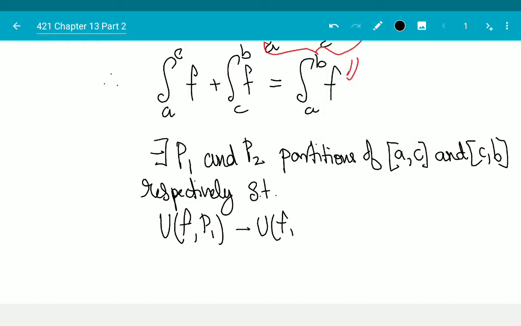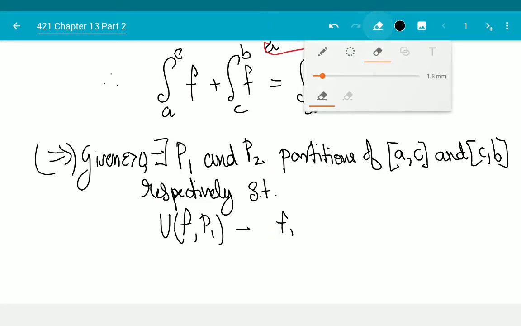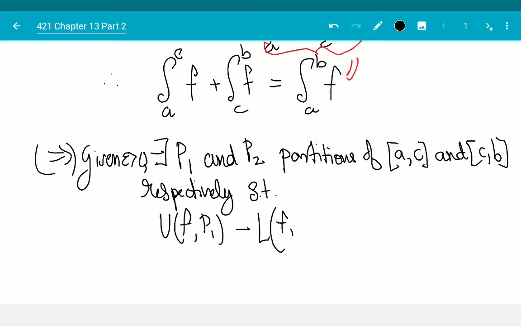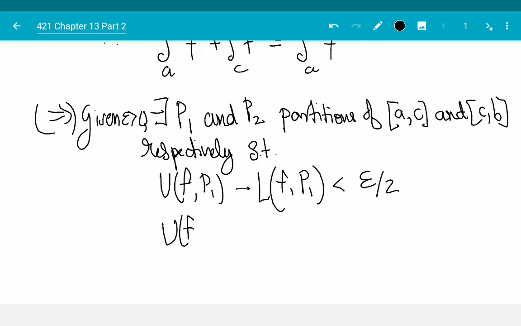I keep forgetting this part. This direction: given epsilon greater than 0, there exist partitions such that U(f,P1) minus L(f,P1) is smaller than epsilon over 2 rather than epsilon, and U(f,P2) minus L(f,P2) is also smaller than epsilon over 2.